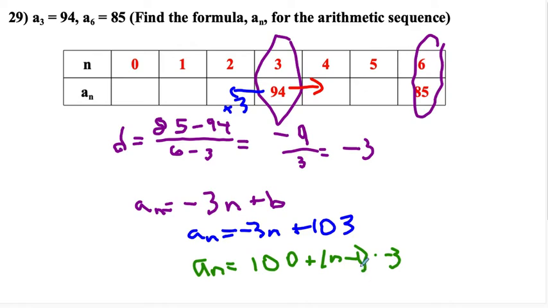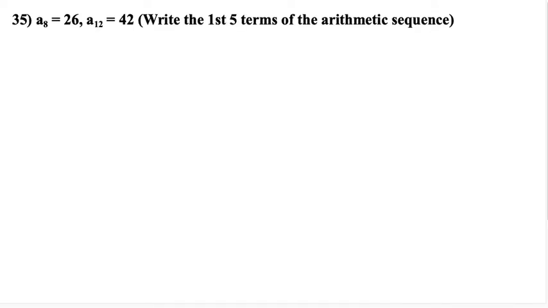And then, for our last problem for this set, write the first 5 terms of the arithmetic sequence. Okay, a sub 8 equals 26, a sub 12 equals 42. I'm going to treat this like a linear equation, because it's an arithmetic sequence.